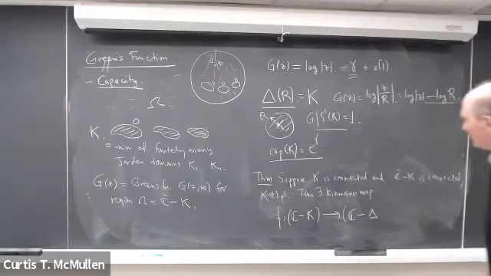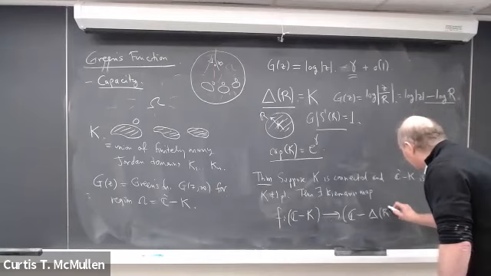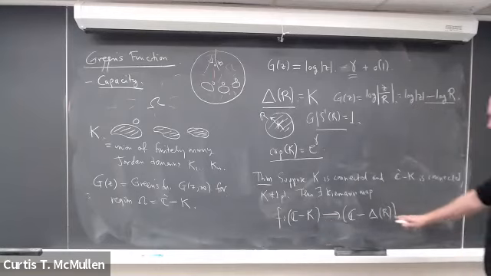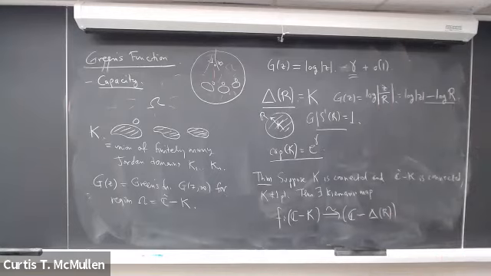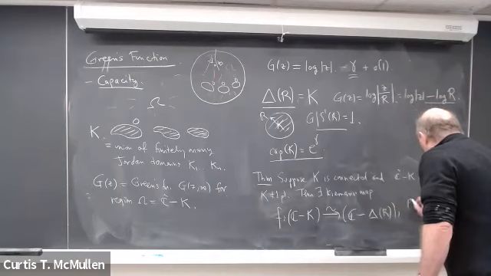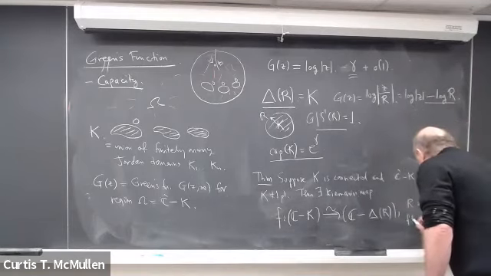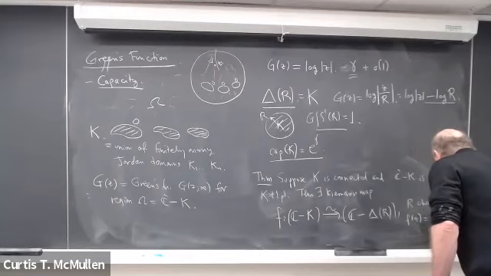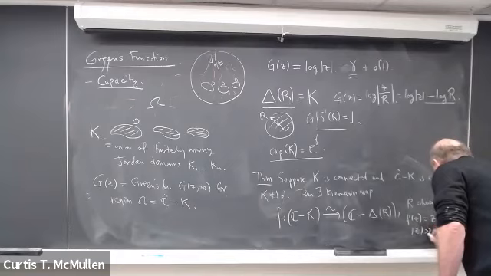But also, we could scale the unit disk so it becomes the disk of any radius we choose by just composing with a dilation in the target. And we can, with R chosen, have f of z equals z plus lower order terms when z is close to infinity.